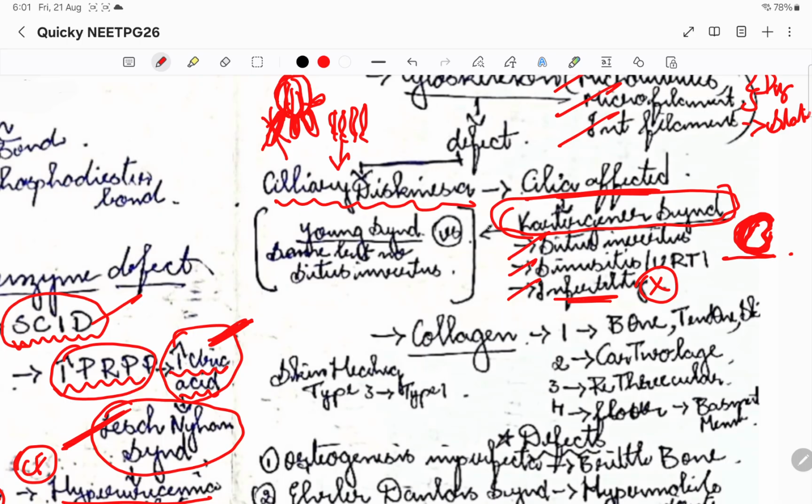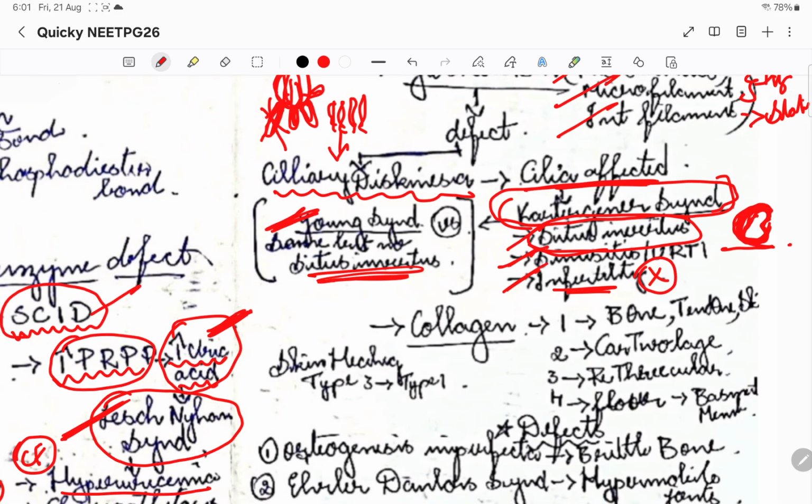I wanted to cover Young's syndrome here itself, because it is the same as Kartagener syndrome, but there is no situs inversus; sinusitis is there, infertility is there. You might suddenly think of Kartagener syndrome, but no, it is Young's syndrome. Only if situs inversus is there do we call it Kartagener syndrome; otherwise it is Young's syndrome.